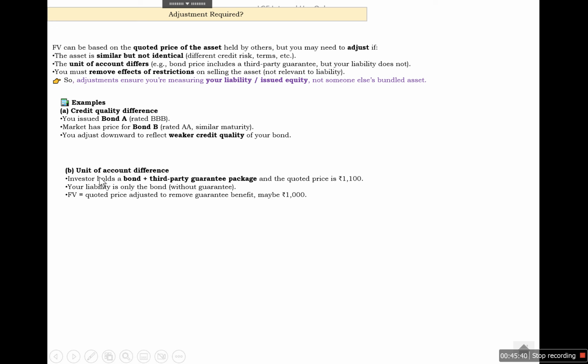The next example is where the unit of account differs. For example, an investor holds a bond plus third party guarantee package. This price is quoted as 1100, but our liability is only the bond without the guarantee. So in this case, the price will be lesser. We need to adjust for the guarantee package, and the price may be 1000.